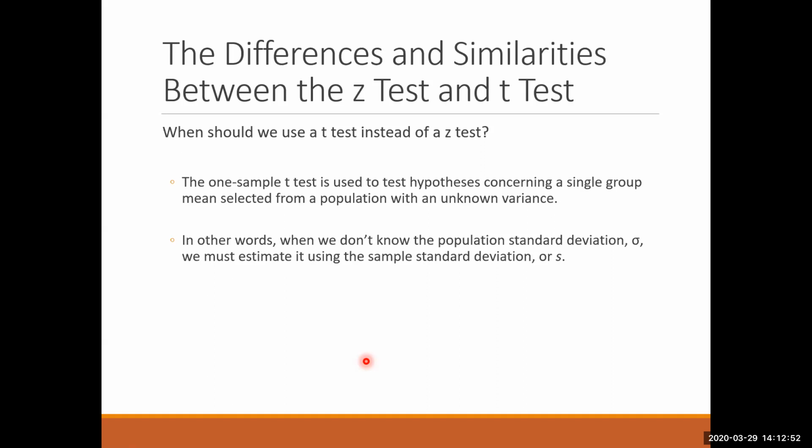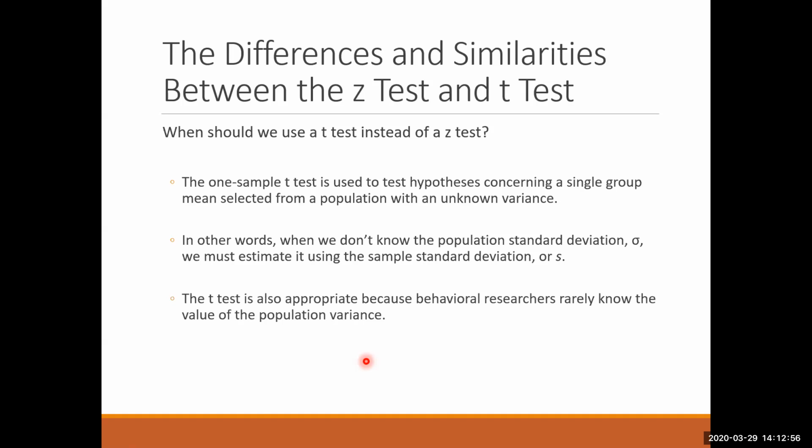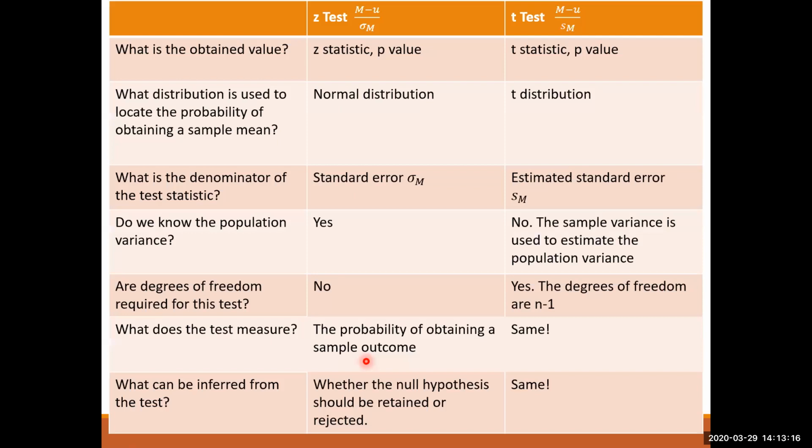We did that a long time ago, but we'll refresh it again today. The t-test versus the z-test is appropriate because behavioral researchers rarely know the value of the population variance. Okay, so rarely do we know much, if anything, about the population mean, and especially in this case, the variance.